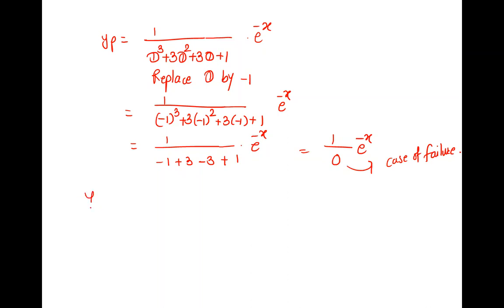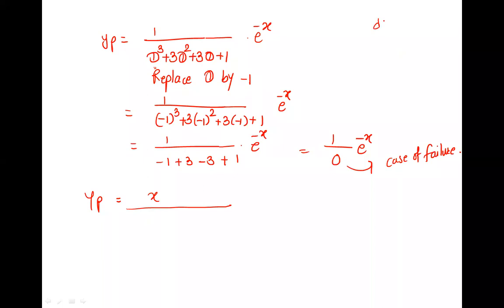We go back to where we substituted D by something. So we go back to this step, and we multiply by the independent variable. What is the independent variable here? X is the independent variable in the function. So multiply by X and take the derivative of the denominator with respect to capital D. So it is the derivative of D cube.